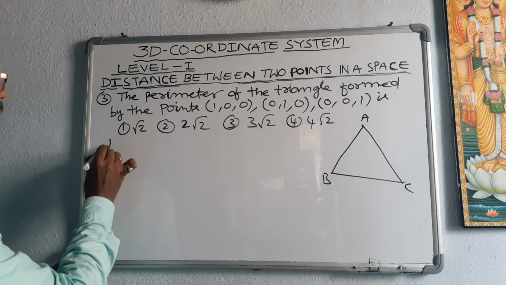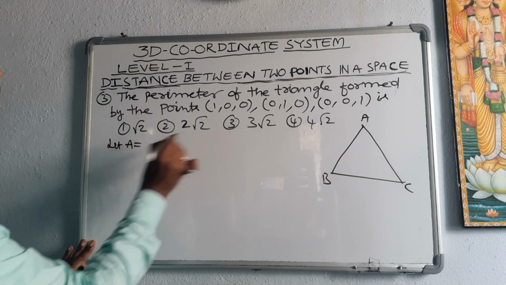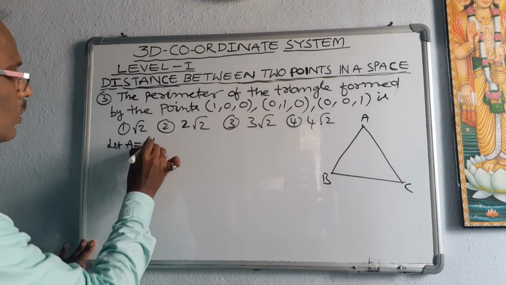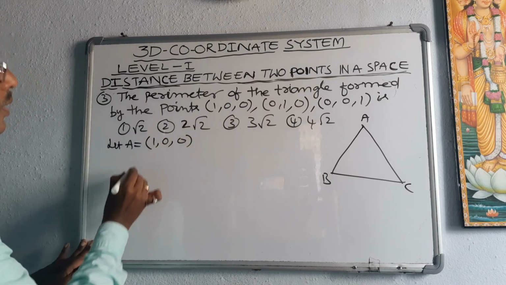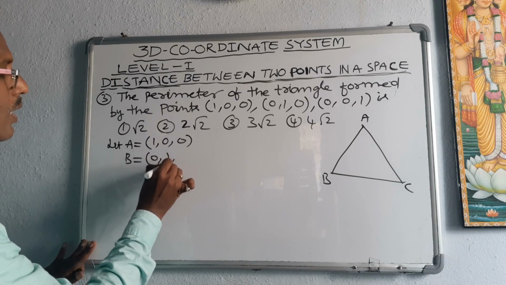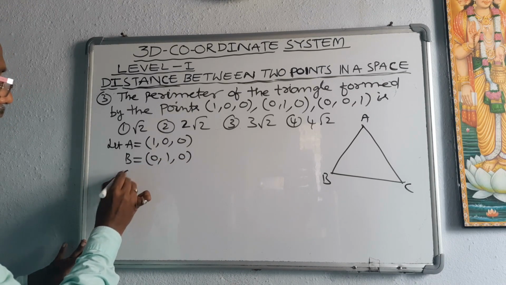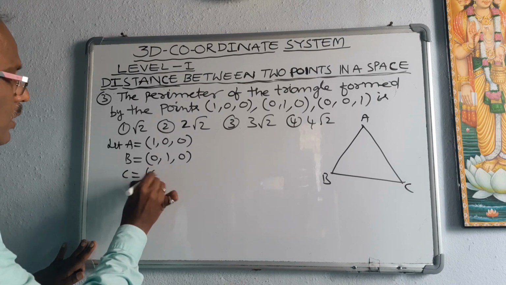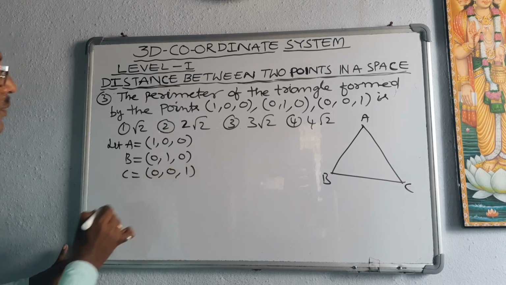Here let A be (1, 0, 0), B is (0, 1, 0), C is (0, 0, 1).